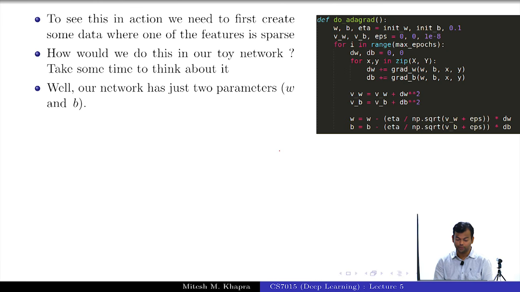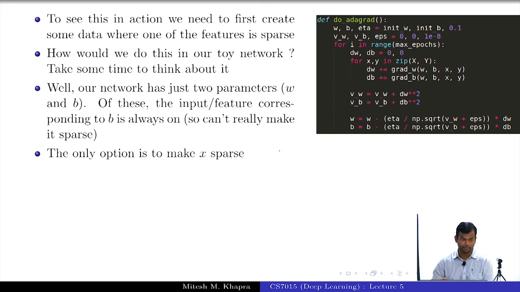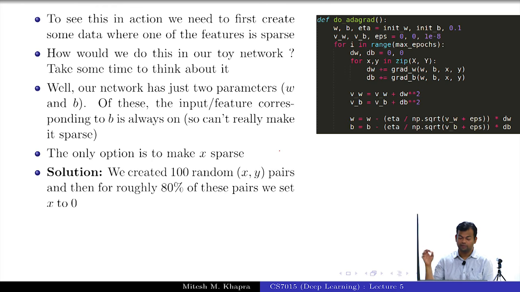So what we'll do is, as I said, we just have two parameters w and b. B we cannot make sparse, it's always going to be on. So we'll make x sparse. We just create random x comma y pairs, and then for 80% of those, we'll set x to 0, right? So now this x feature is going to be very sparse. Is that fine?